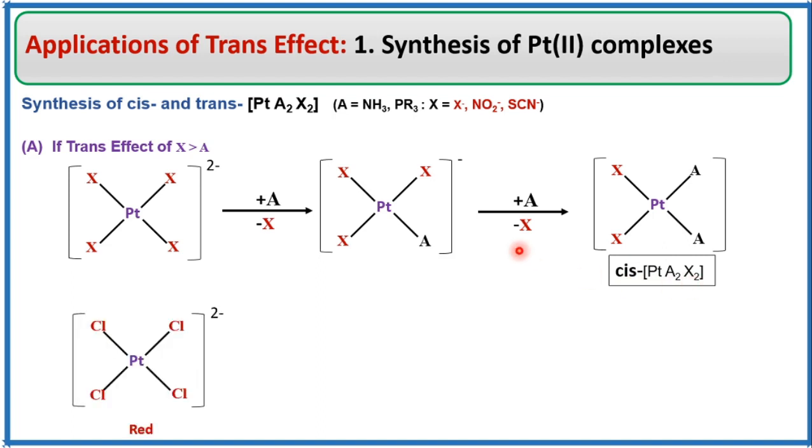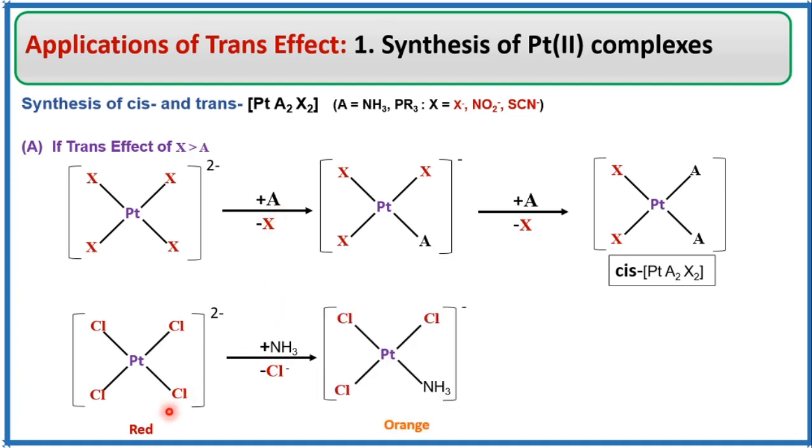If we take an example, we will take a platinum tetrachloro complex, which is red in color initially, and we are going to replace one of the chloro groups with an ammonia ligand, because ammonia is A type and chloro is the X type here. So one chloro got replaced with ammonia, and this complex is orange in color. What happens in the next step?